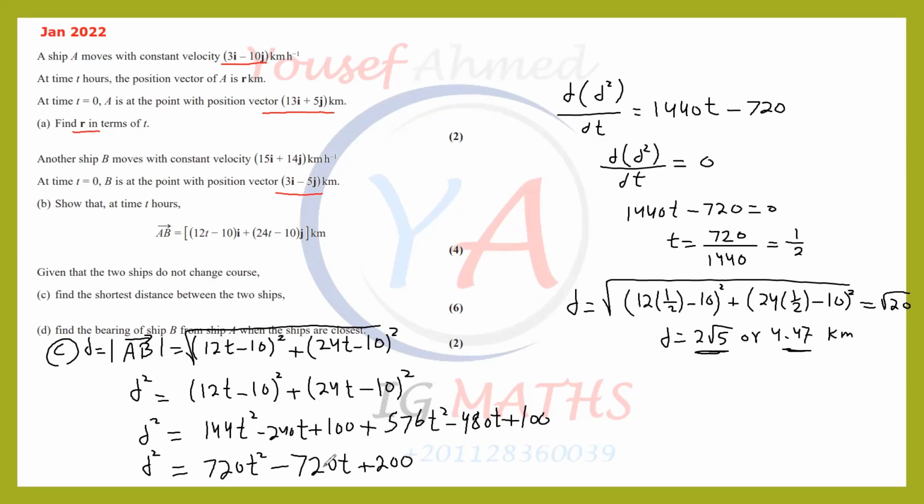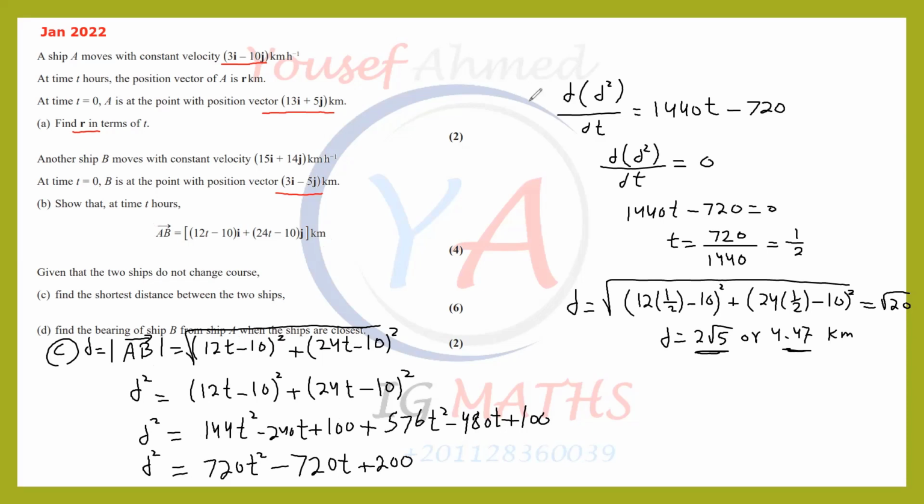So once again, what do you do in this part? You get the distance, which is the magnitude of this vector, and then you square it to remove the square root, expand the brackets, and get the equation. It's a quadratic equation. Once you reach the quadratic equation, you have two methods.